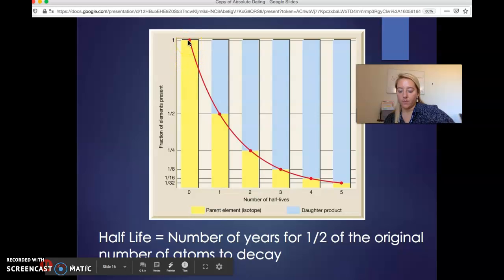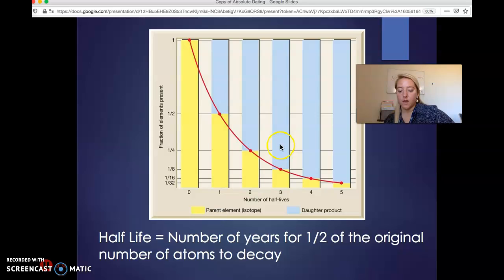So we've got number of half-lives 0, where we've got all of the parent element or isotope. After 1 half-life, we've got a 50-50 ratio. After 2 half-lives, we've got 75% for the daughter product and a 25% ratio for the parent. After 3, our ratio decreases even more.